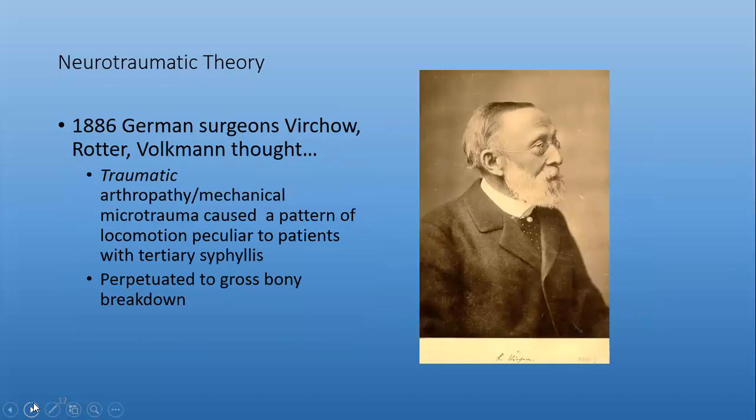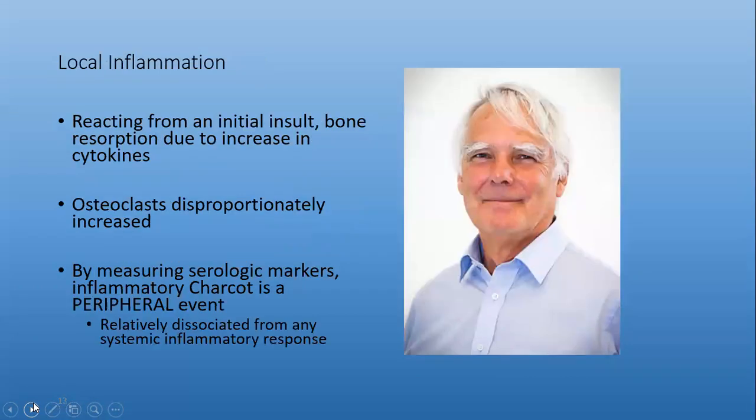Then, a little bit later on, came this neurotraumatic theory. So some kind of trauma started the cascade, which causes this arthropathy and mechanical microtrauma, and then causes this breakdown of their pedal bones. They first started describing this with tertiary syphilis patients, and then saw this bony breakdown with it.